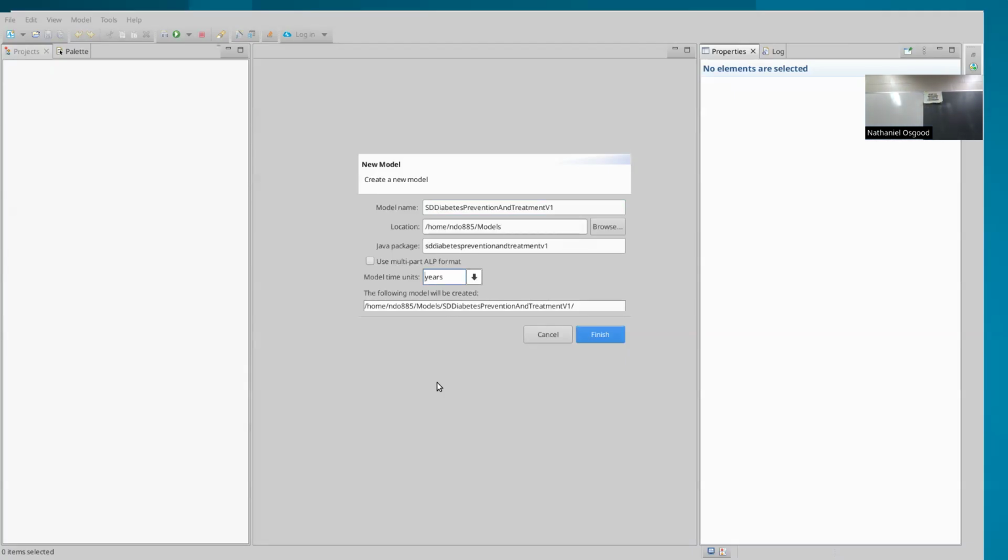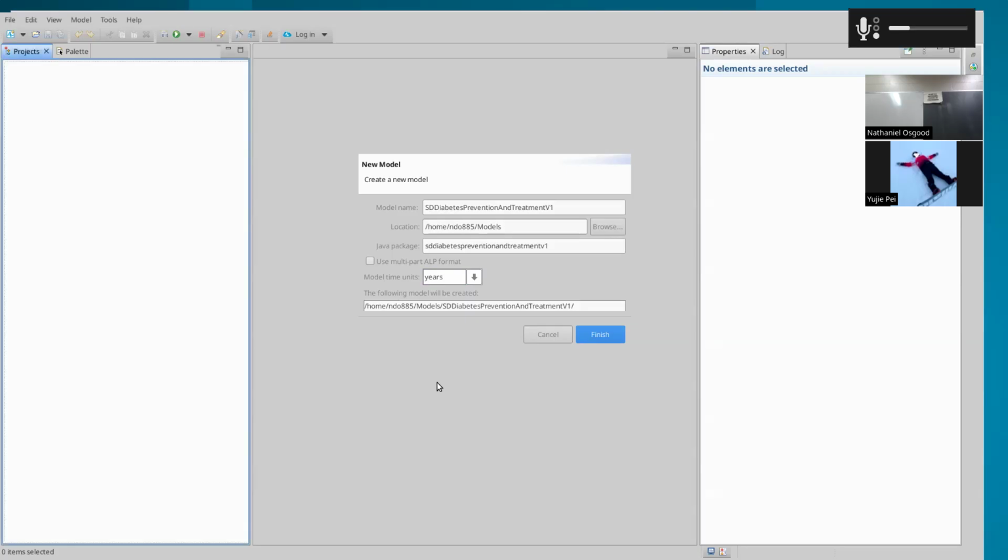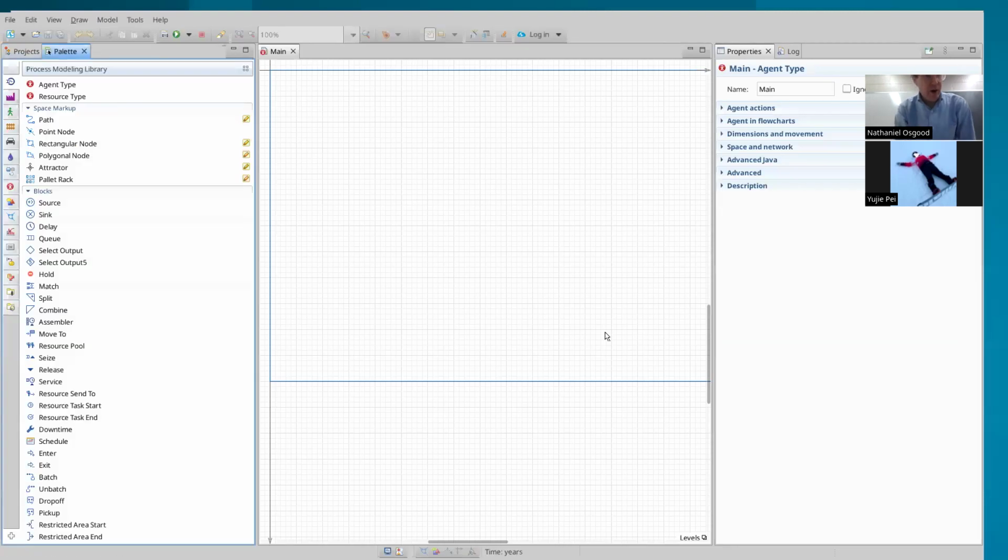So 1.0 units of time will be 1 year. That's how we'll interpret it, okay? Again, it does not mean, and I emphasize this, that we're going to be hopping forward in 1 year increments, but rather that's going to be our standard by which we measure time.